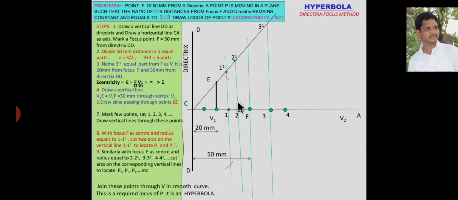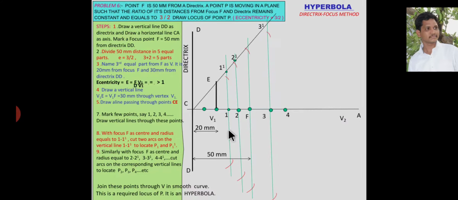Similarly, 2 dash as radius and F as center, draw arcs on the 2 dash line. Similarly, 3 dash as radius and F as center, draw arcs on the 3 dash line.